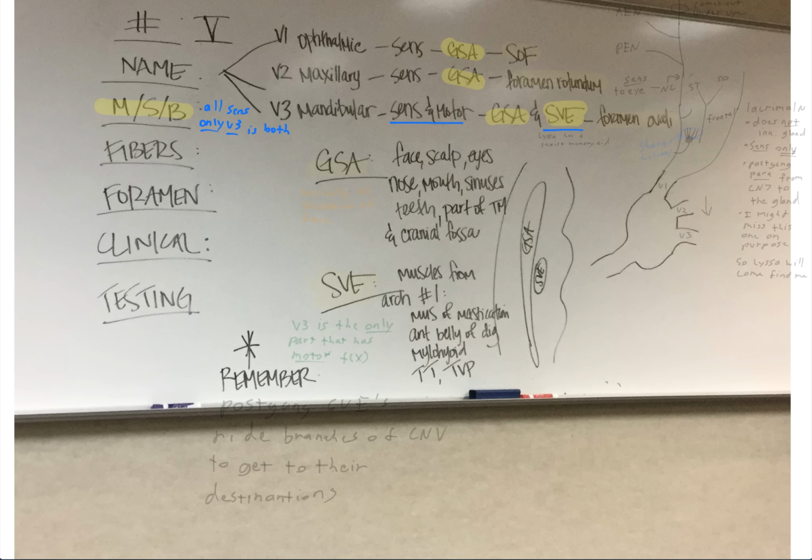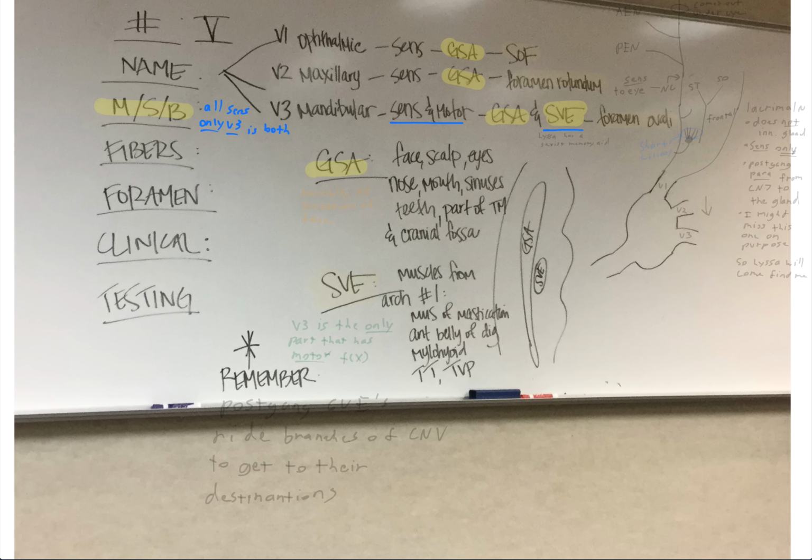So let's talk about what those fiber types do. The GSA, so this is sensation. The fifth cranial nerve is a super important sensory nerve. It does tons of sensation.